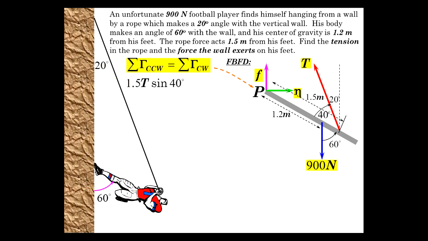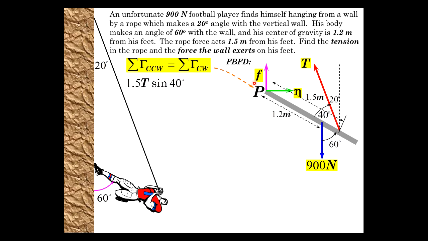So now 1.5 T sine of 40. So we have 1.5 meters times the perpendicular part of the tension, which is this tension, times the sine of 40 gives us this much applied right here. So that's the counterclockwise torque.